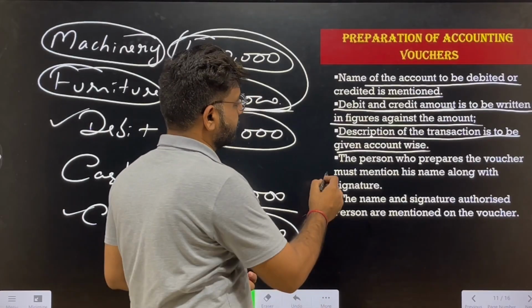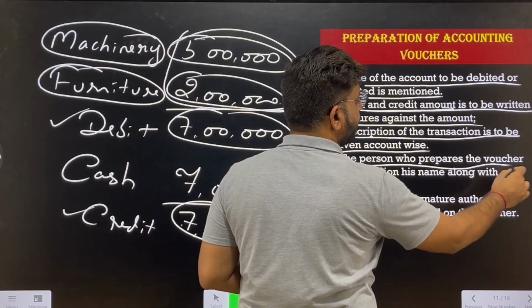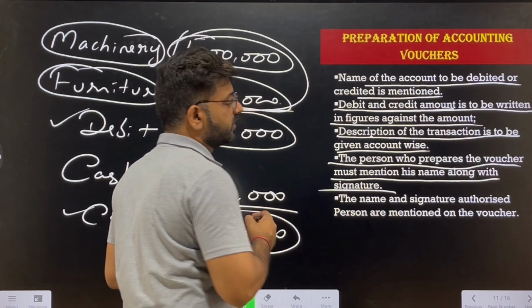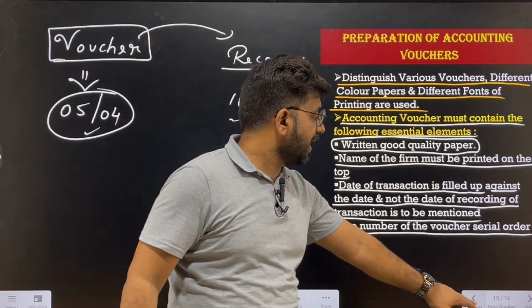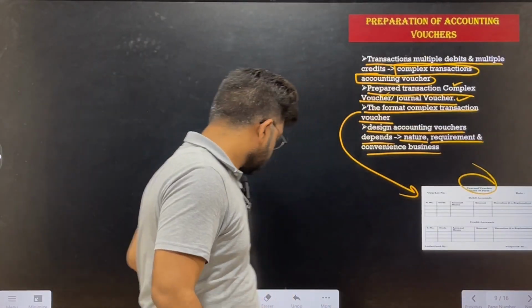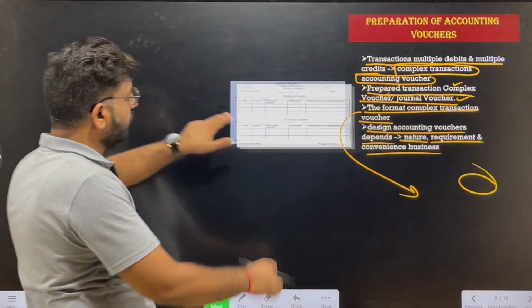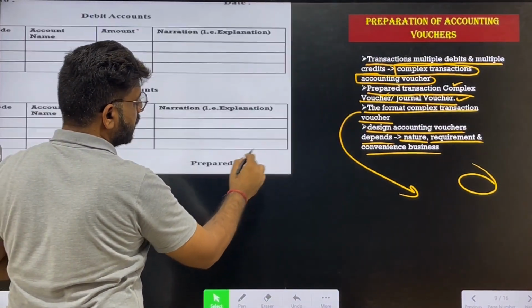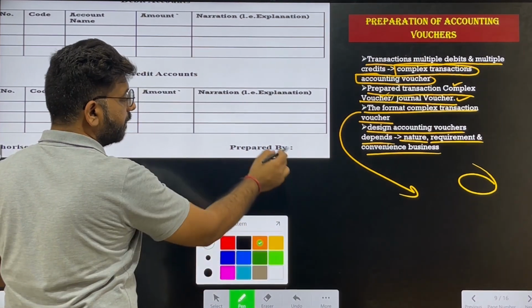Okay. Next, the person who prepares the voucher must mention his name along with signature. As we just saw in the voucher, it is written prepared by.